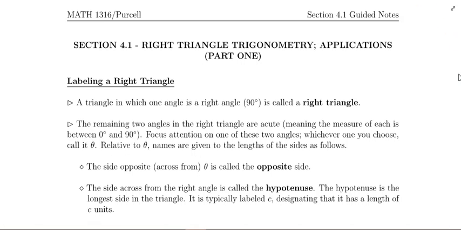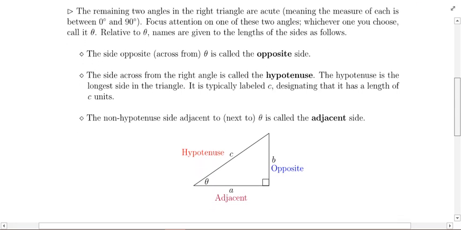All right, so what I have here is a little diagram of a right triangle. The first thing I need you to realize is this little square in the corner there. That indicates that this is a 90-degree angle, or that this is a right triangle.